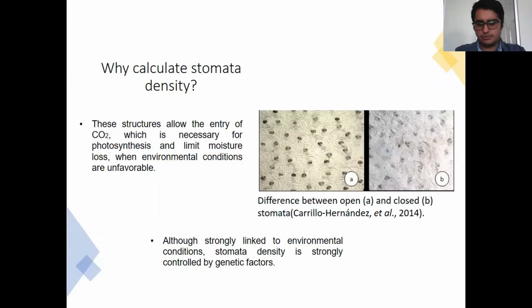The plants tend to close the stomata when the environmental conditions are not good for them. So the ability to close and open stomata varies with genetic factors. So we want to analyze, and we hope that there is a difference in stomata density between hybrid individuals and pure individuals.